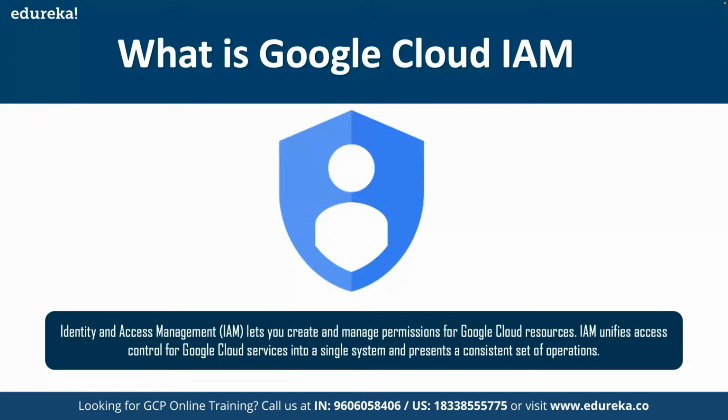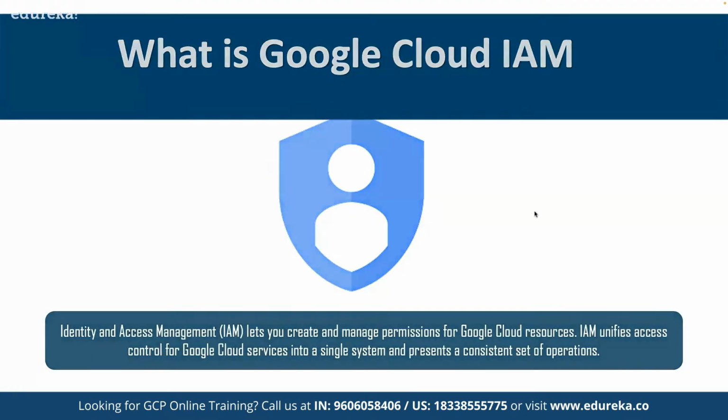And this will help us to adapt the security principles of least privilege, which states that nobody should have more permission than they actually need. So this unifies the access control for the Google Cloud services into a single system, and it presents a consistent set of operation. That's the overall idea about this Google Cloud IAM.